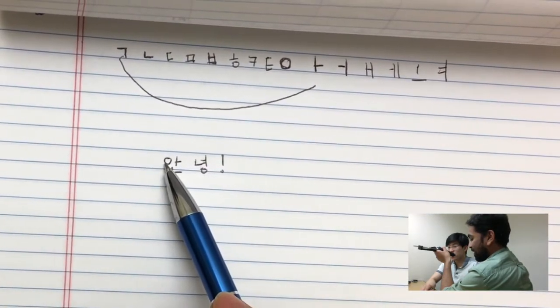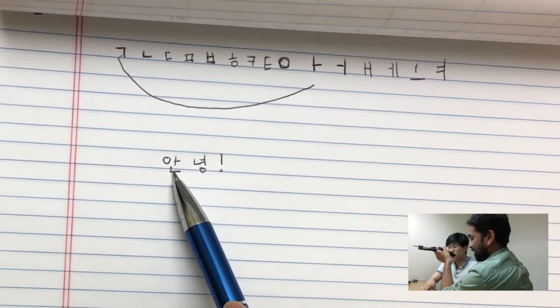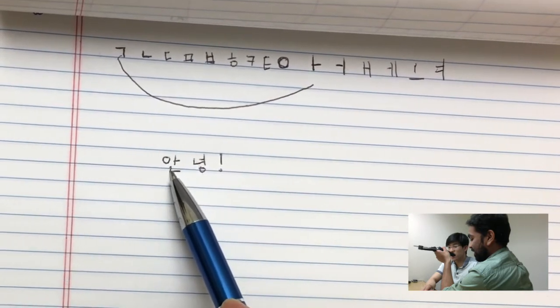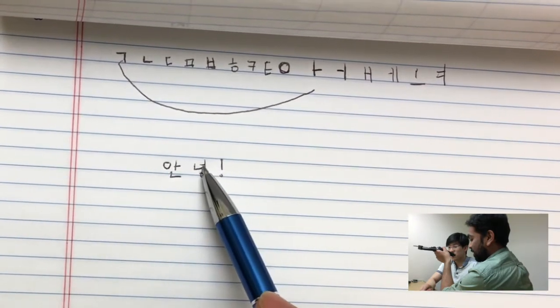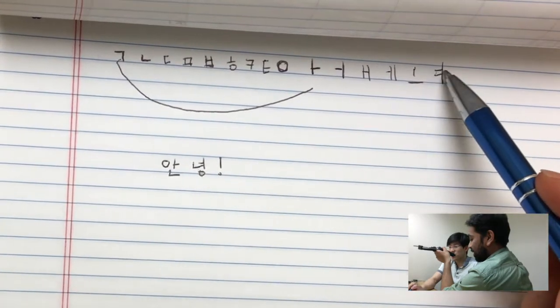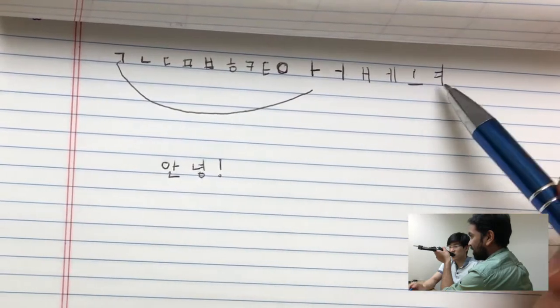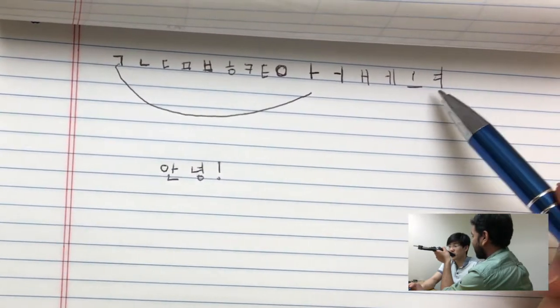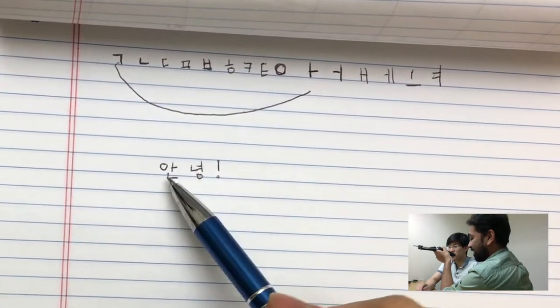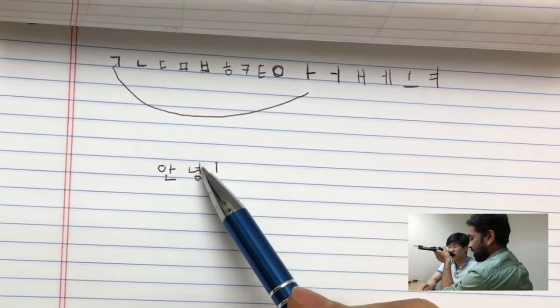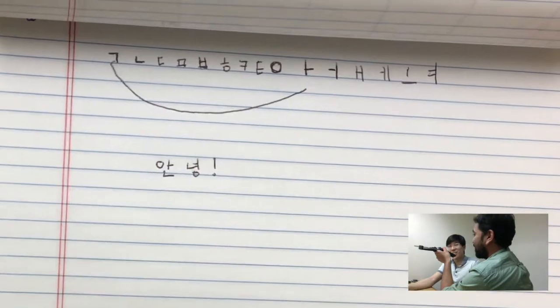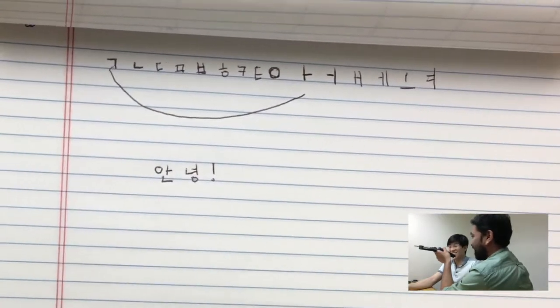So we're saying an, and then we know this L looking character, right? It's also over here. But this line with the two lines going this way is a y sound. So combined with the O right here, it says annyeong. Annyeong. Yep. Got it.